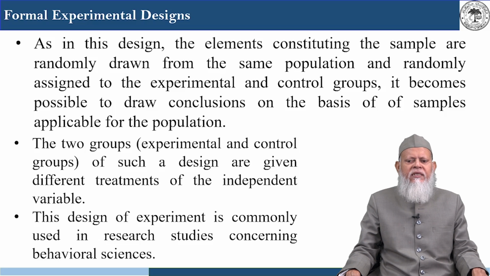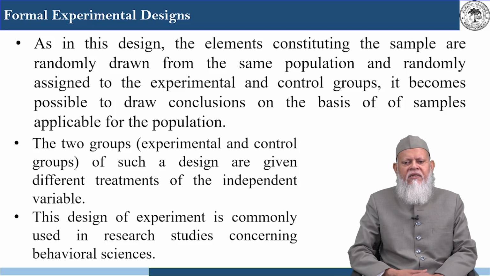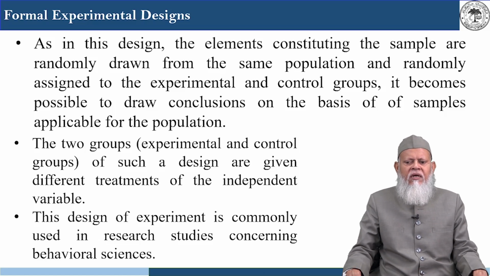The two groups, experimental and control groups of such a design, are given different treatments of the independent variables. We have observed this in the diagram. The design of the experiment is commonly used in research studies concerning behavioral sciences. So, it is very good for the social sciences also.